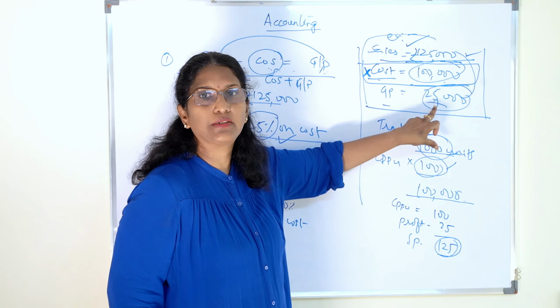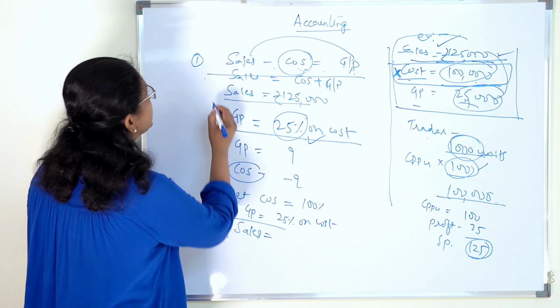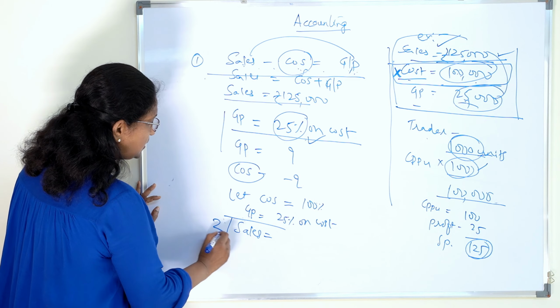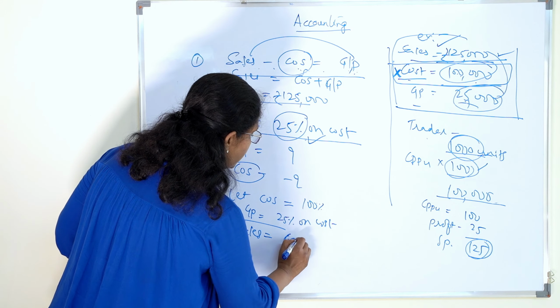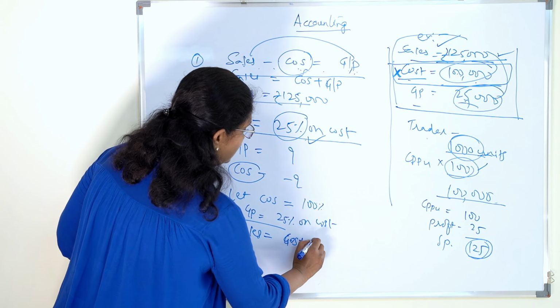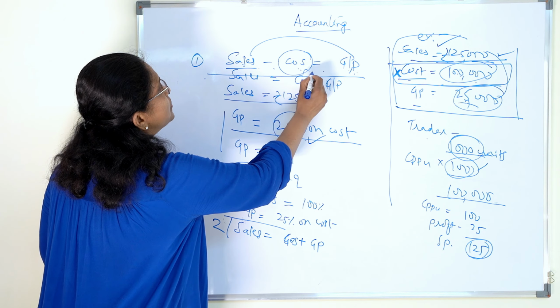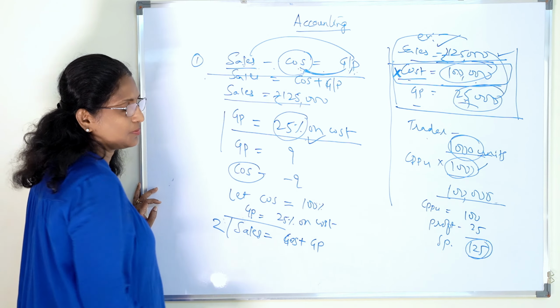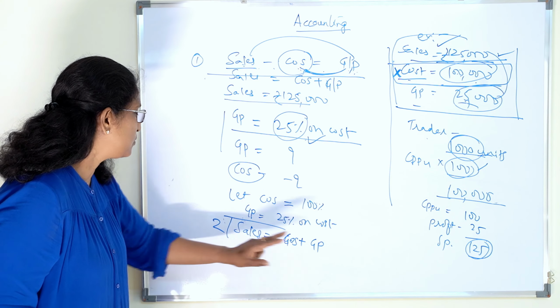So I am using this formula to make a second equation. This is the first equation I gave, this is the second equation I am making. Sales is equal to cost of sales plus gross profit. Let me repeat again, sales is equal to cost of sales plus gross profit.